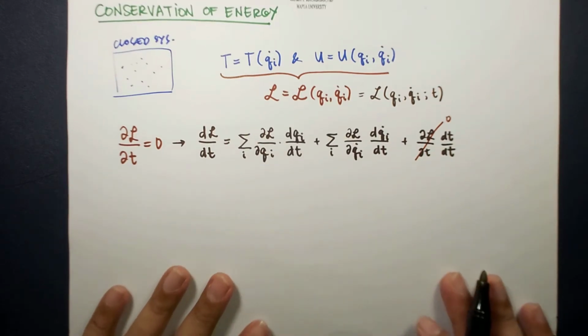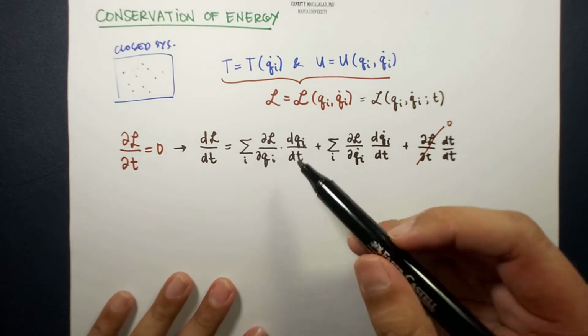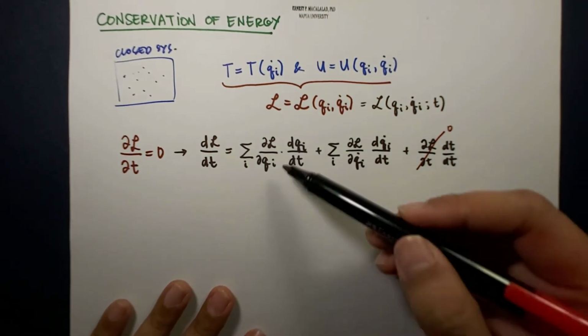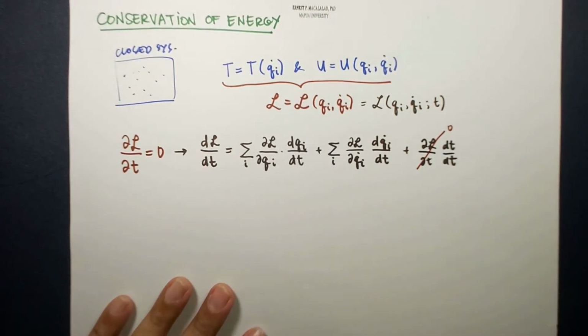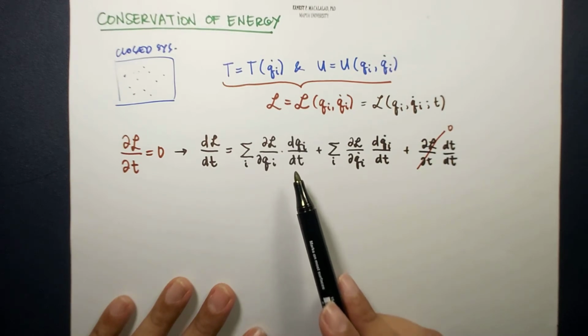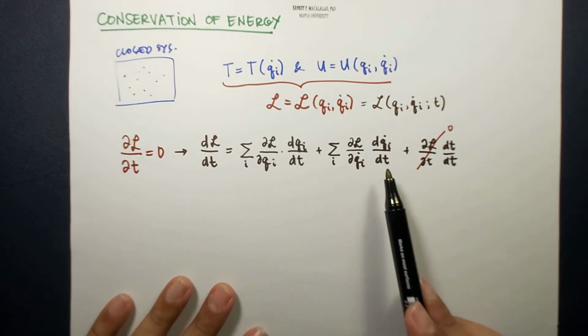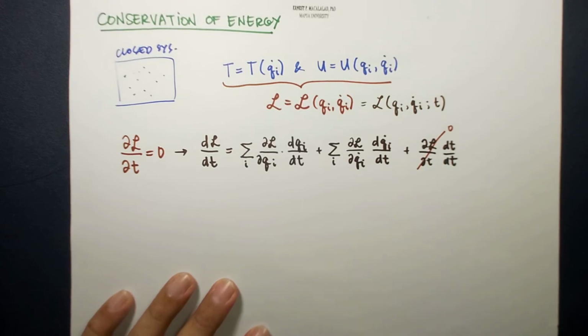Okay, so this is qi dot, and then this derivative of qi dot with respect to time.